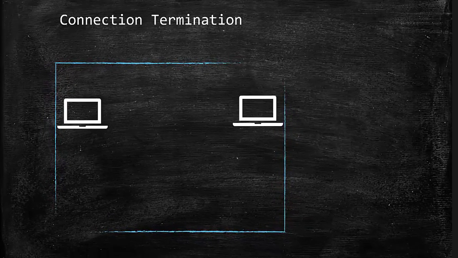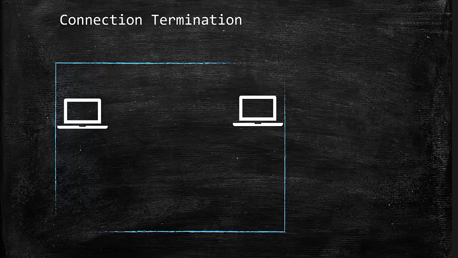When the data transfer is completed between the two hosts, they terminate the connection. There could be some other reasons for connection termination as well. To terminate a connection, the starter sends a packet with ACK and FIN flags set. This means, hi there, I want to terminate this connection. Are you ready?